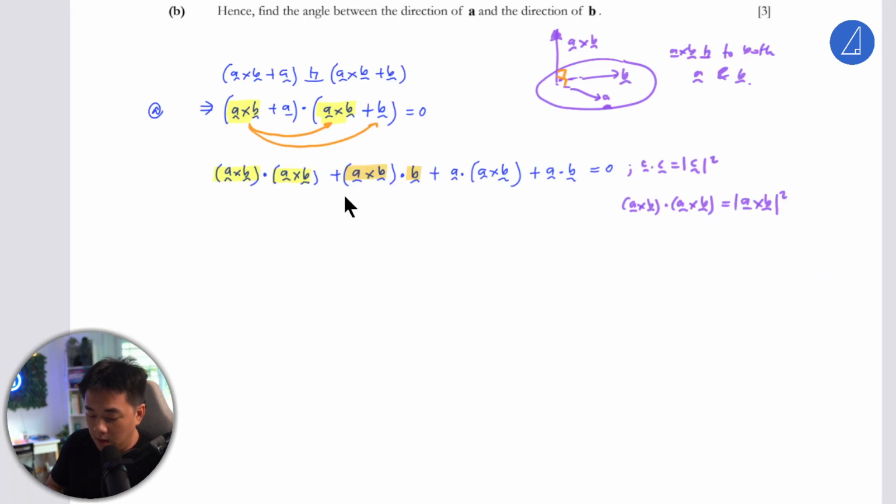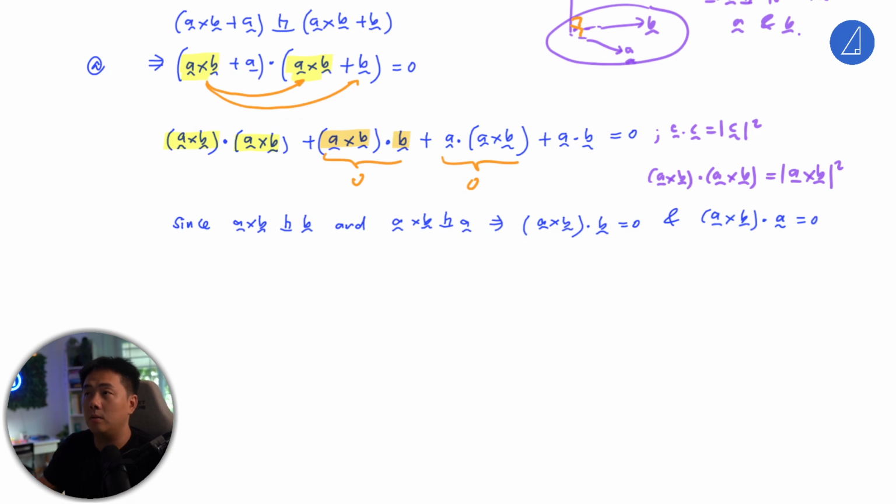Since this is perpendicular, you can be sure that the dot product is 0, and this as well is 0. Okay, so that's the important part.